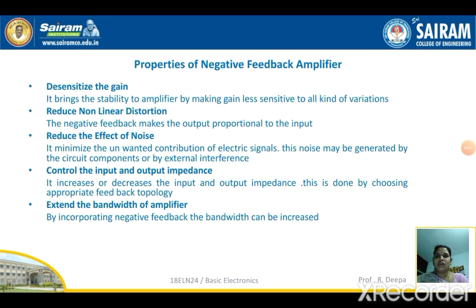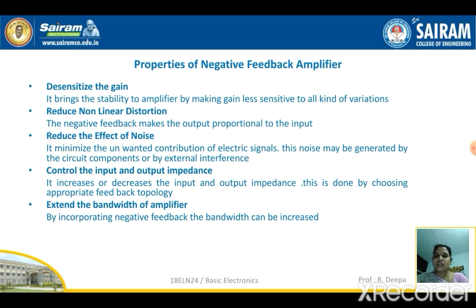So let us analyze the properties of negative feedback amplifiers. The first property is that it desensitizes the gain. That is, it brings stability to the amplifier by making the gain less sensitive to all kinds of variations. It also reduces non-linear distortion, that is, the negative feedback makes the output proportional to the input. It also reduces the effect of noise. It minimizes the unwanted electric signals, this noise, which can be generated by the circuit components or by external interference.